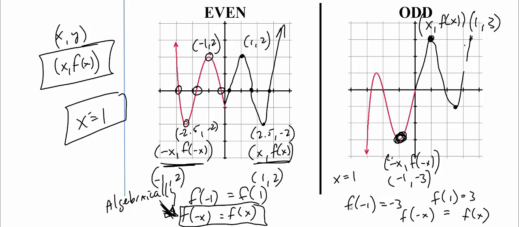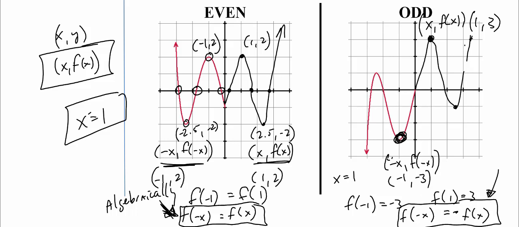Well, f of -x is -3, but f of x is +3. So how do I make these equal? Well, I put the negative right there. Okay, so now whatever I get for f of x, which would be 3, I turn it negative. So this here is going to be used for the algebraic representation, how we can prove it algebraically.